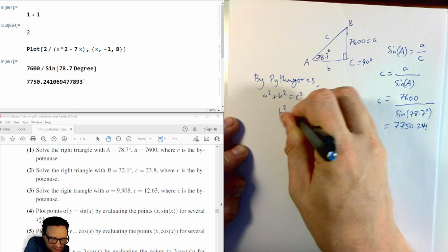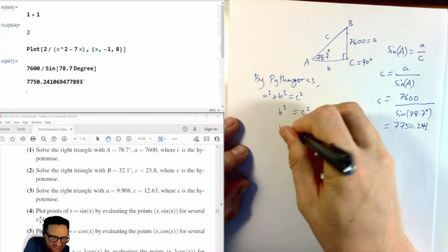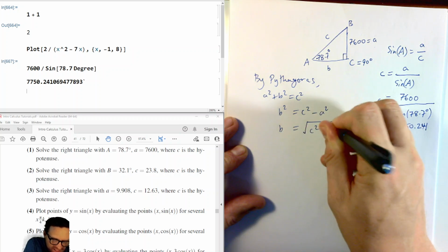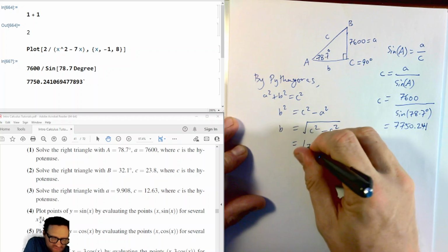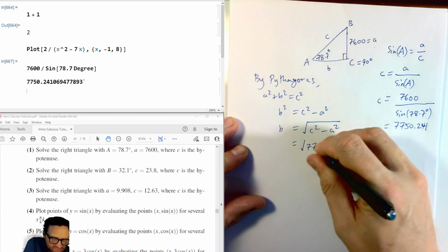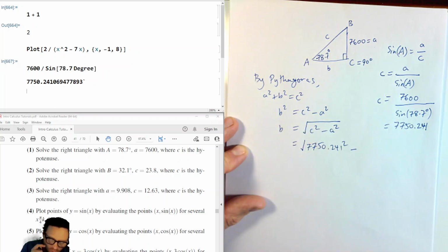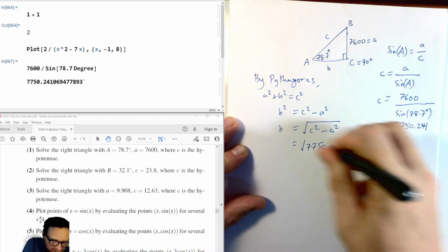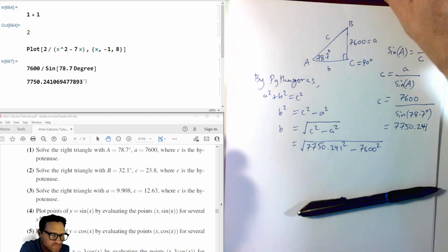So b squared is c squared minus a squared. So b is the positive square root of c squared minus a squared. In this case, we've got the square root of 7750.241 squared minus 7600 squared.